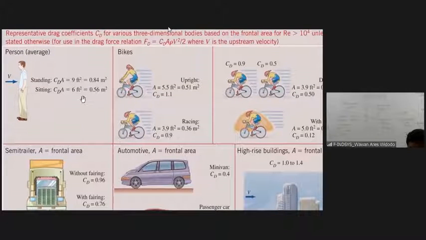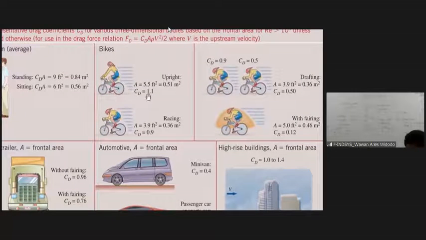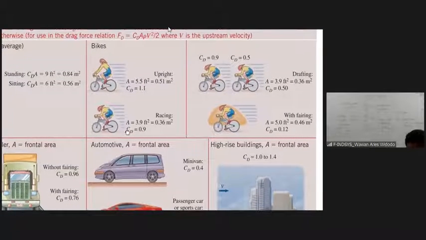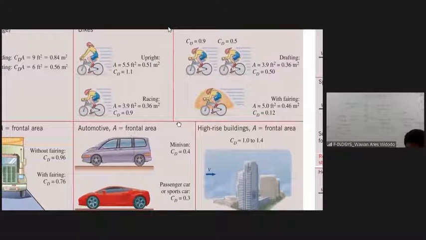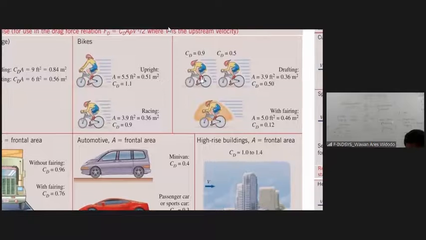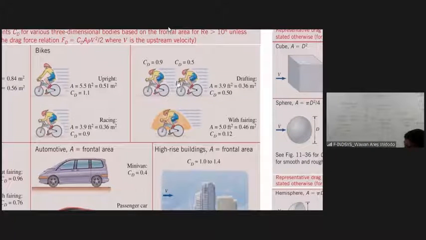Sorry, standing is CDA 9 square feet, or this one has drag coefficient 1.1. For the biker cycling in this position, but in this other position the drag coefficient is different. This one is 1.1, and here 0.9.